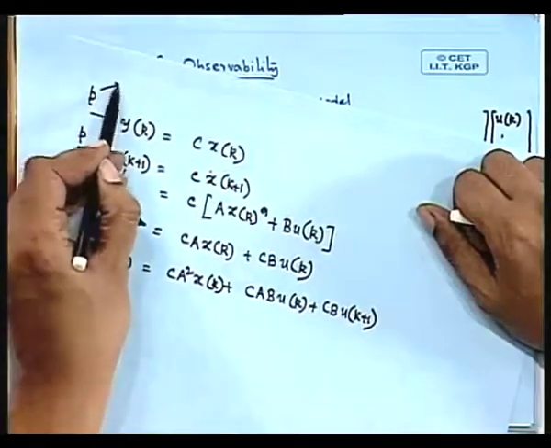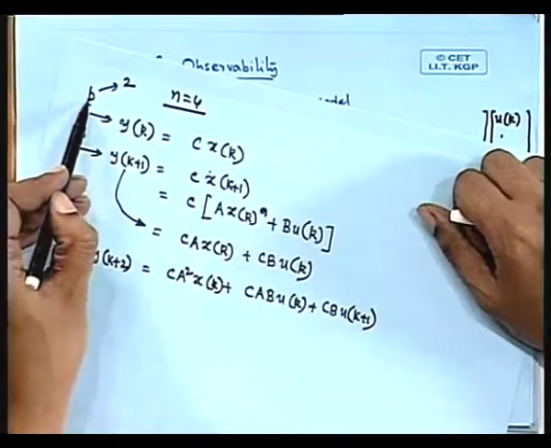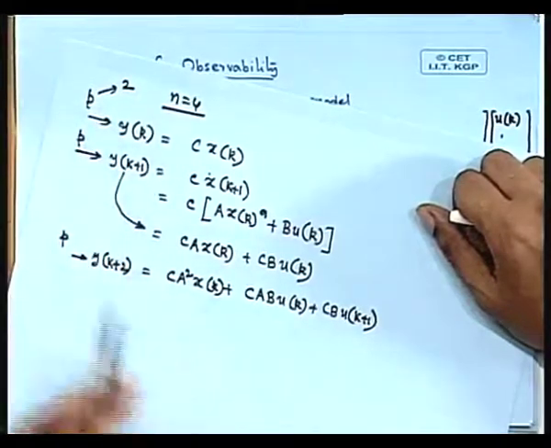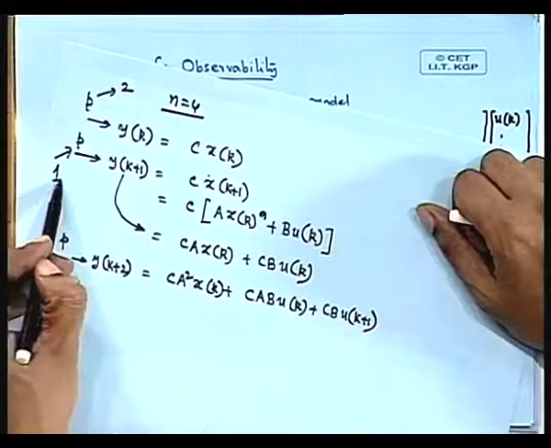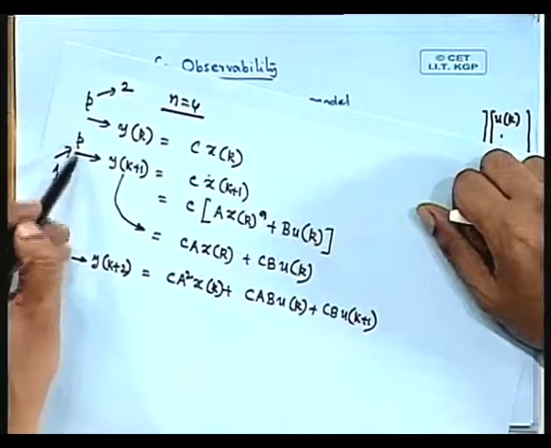For example, suppose p is 2, n is 4. It could very well happen that from the first set you will get 2 linearly independent equations. From the second set you will get 2 equations, but one of them will be linearly dependent on these and the third one. So that is not an independent equation. So you have to find out n independent equations by doing this. They should not be linearly dependent, right. So now the question is how many of them you actually need to consider.